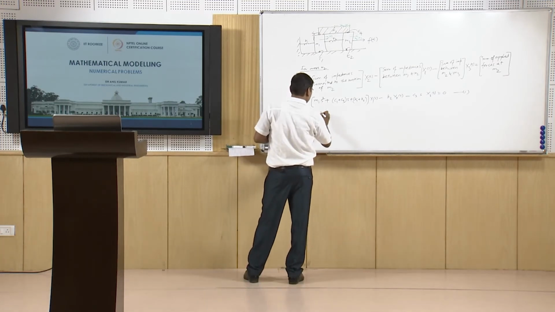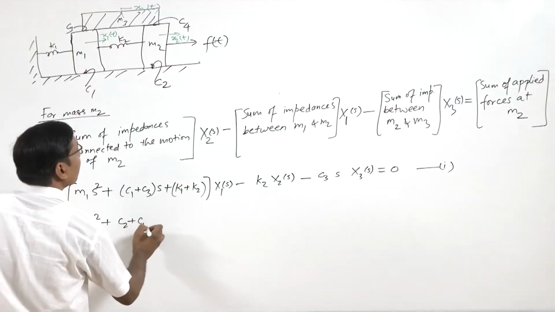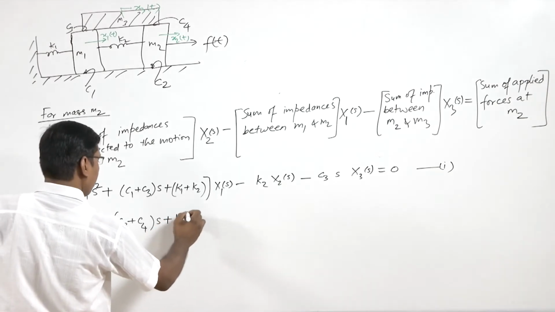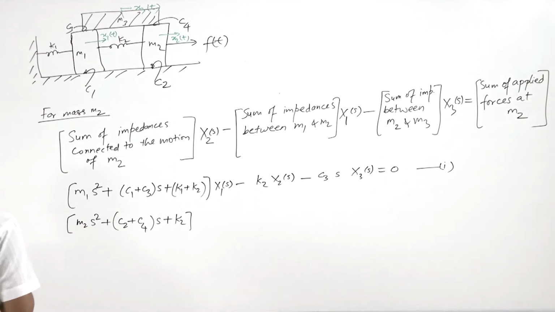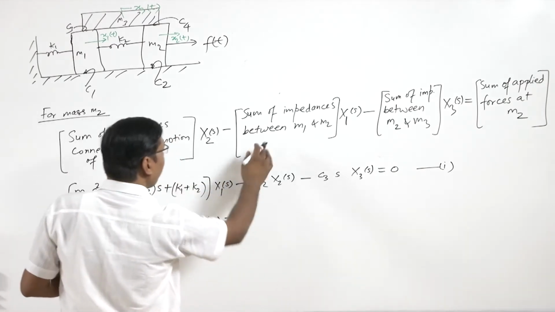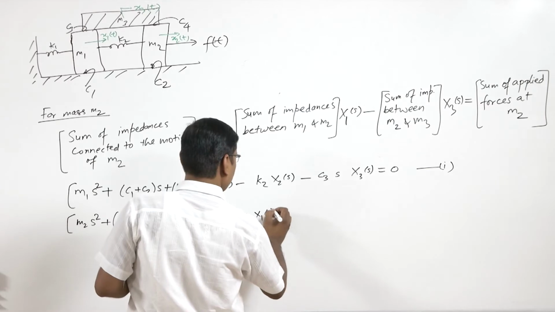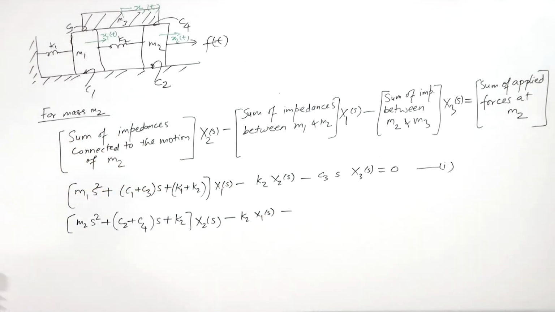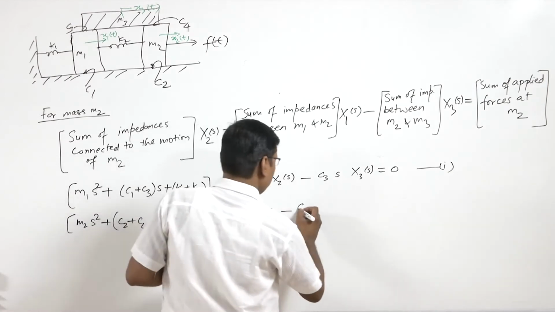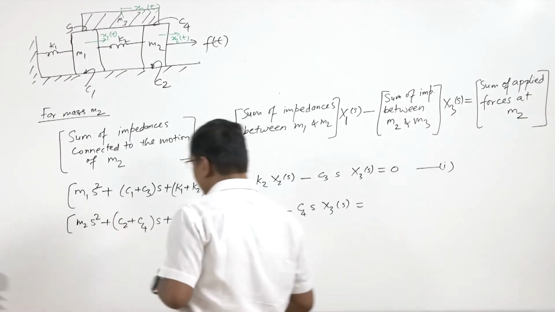So this is M2 s square plus C2 plus C4 s plus K2, into X2(s), minus the impedance between M1 and M2, which is K2, so K2 into X1(s), minus the impedance between M2 and M3, which is C4, so C4 s into X3(s), equal to the sum of applied forces at M2.